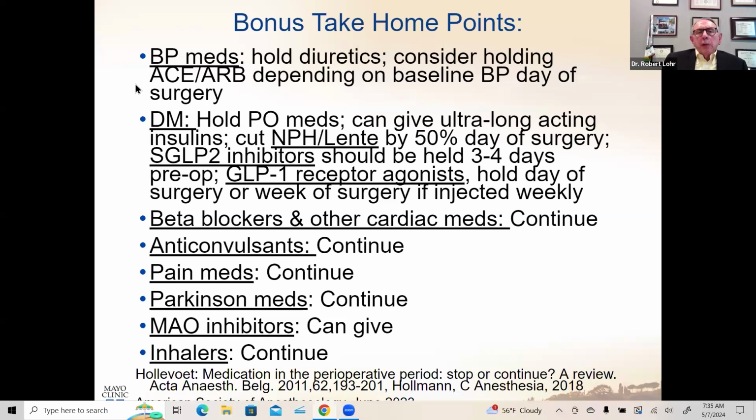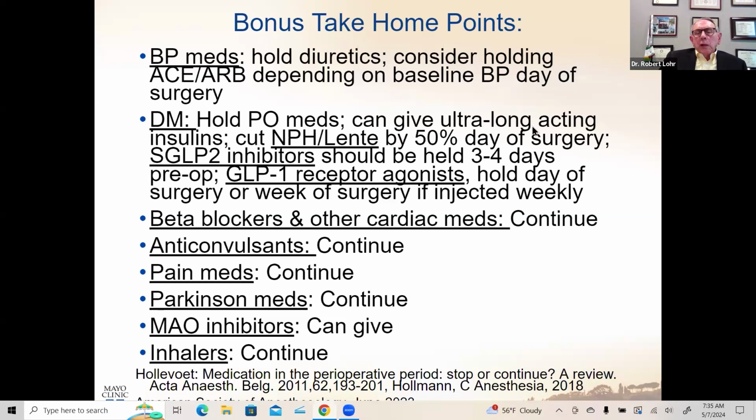Diabetes. PO meds in general should be held. Certainly metformin should be held. If they're on a sulfonylurea, an older class of drugs, they should be held. Pretty much anything PO. They're going to be managed with insulin post-operatively if they stay in the hospital. They're not going to be getting any of these other drugs.